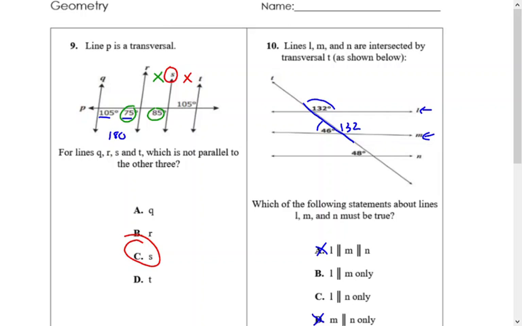They do not. So we know that those two are not parallel, which leaves L and N, and let's just double check that L and N are parallel. So L and N are the top and the bottom lines, and we should have two angles here that should add up to 180. Do 138 and 48 add up to 180? Yes. So we checked that those are parallel.